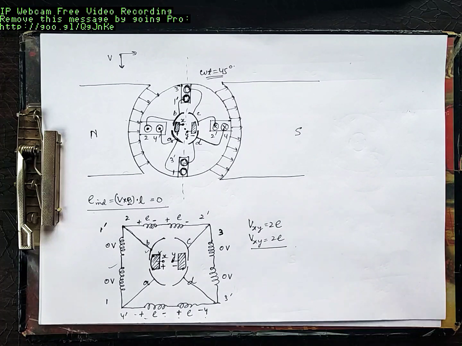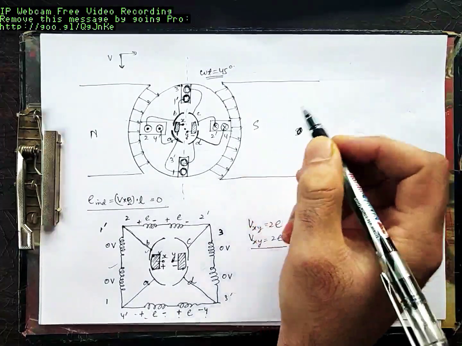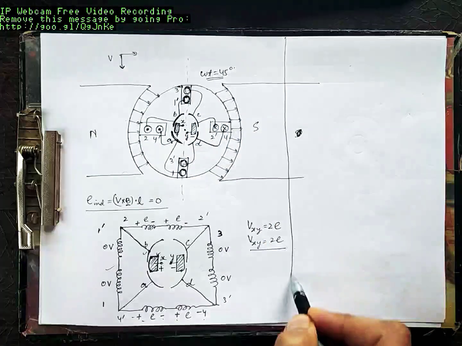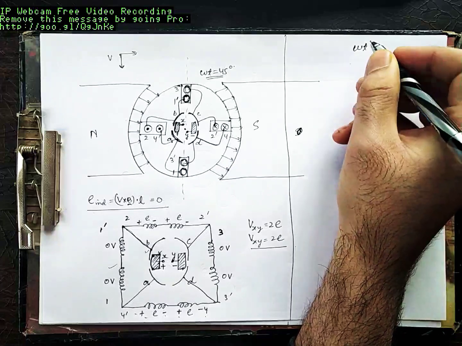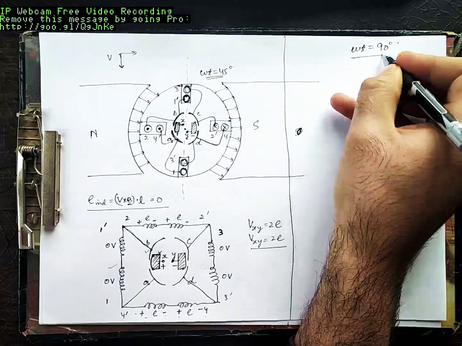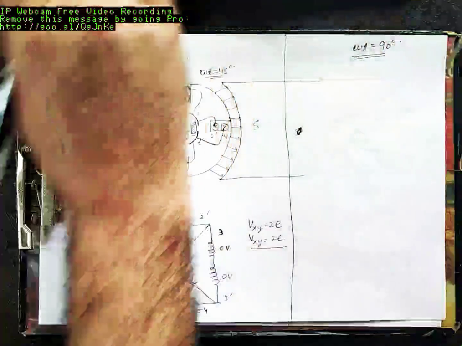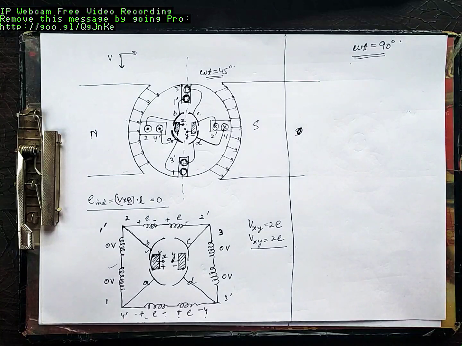Next, take one more case. At omega t equal to 90 degrees now. That means again rotated by 45 degrees.